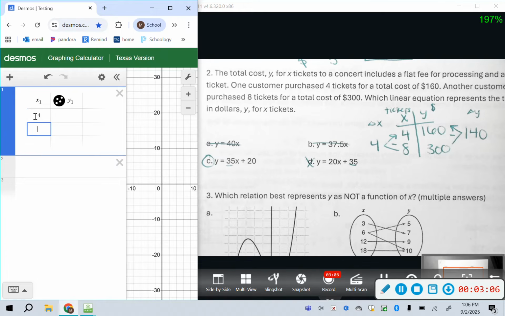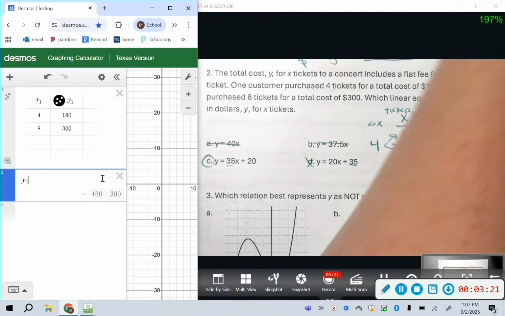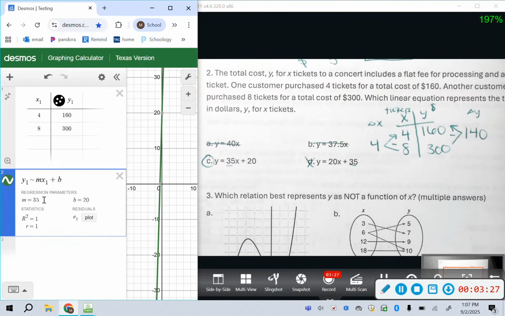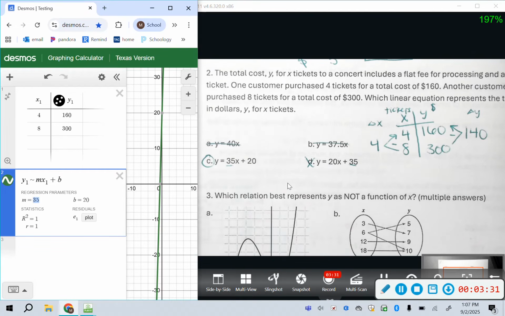We have 4, 8, 160, 300. And you can do your Y1 squiggle or click your fancy button. Okay, so if I do Y1 squiggle and X1 plus B, it gives me my slope is 35, which is exactly what I picked. So C is my answer.